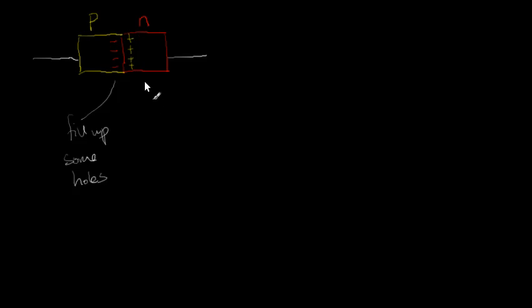Now, one important point about this layer here is that because the holes here are filled up, and because the negative charges in the conduction band here have left and gone over to the other side, this region is no longer a good conductor.